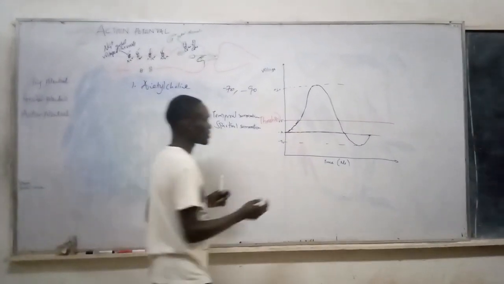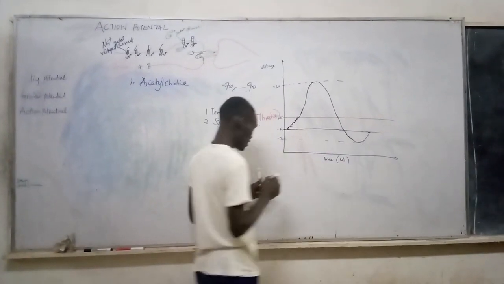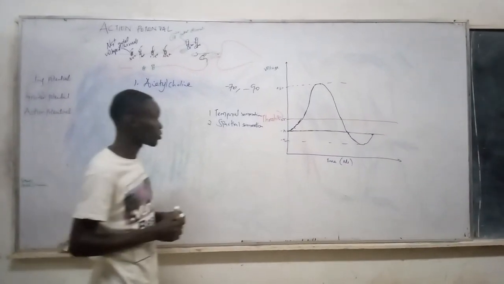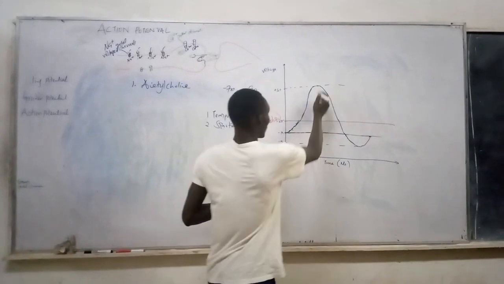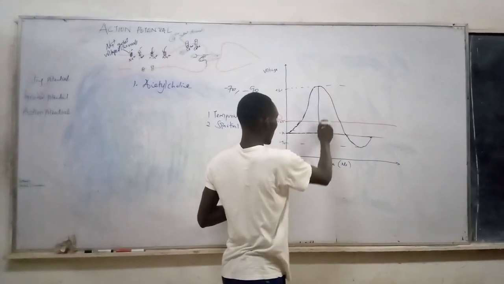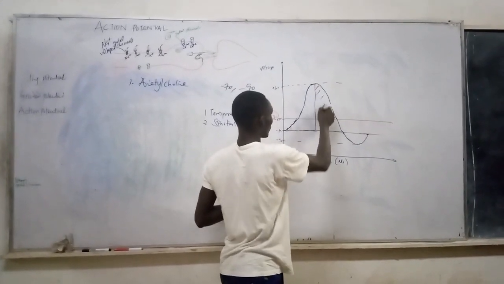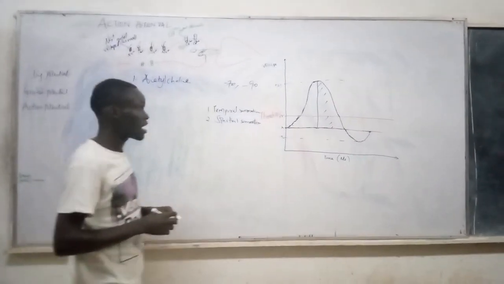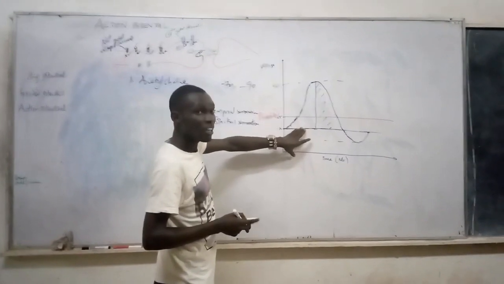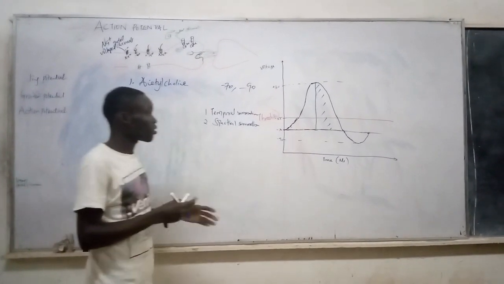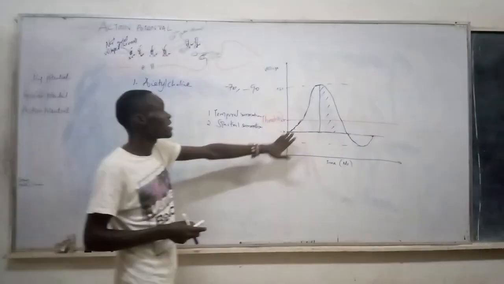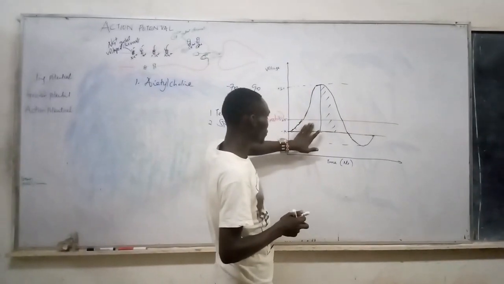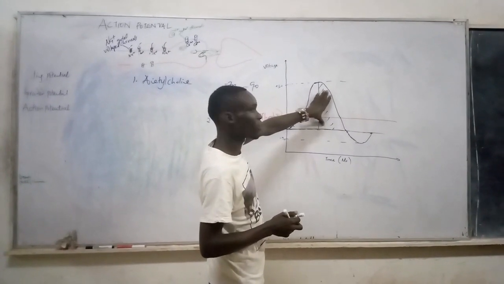What do we call this? We call this hyperpolarization. At this stage, the neuron cannot be stimulated again, regardless of the strength of the signal.